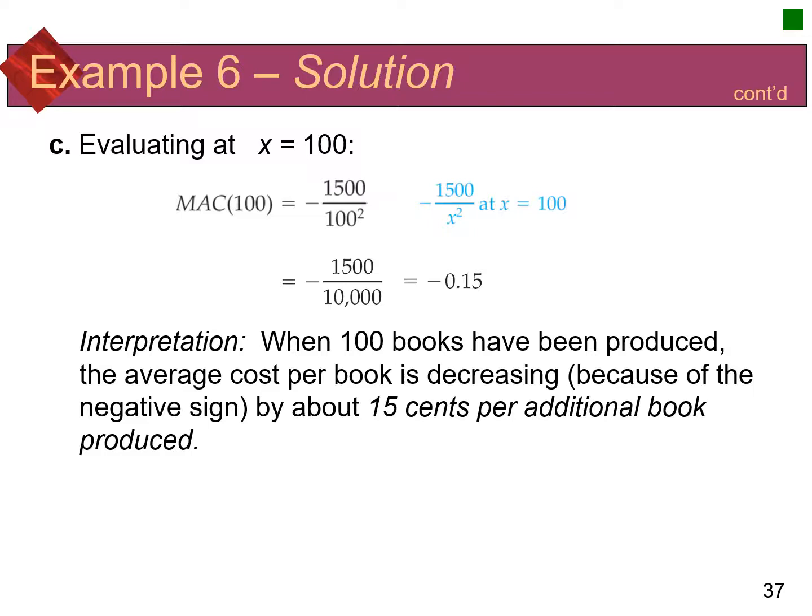And if I produce more books, each one subsequently is going to be about 15 cents less, until I move a little bit further in the function, where I might have to see if that changes in any way. But that's essentially what's going on there. The average cost is decreasing 15 cents per book at that moment.